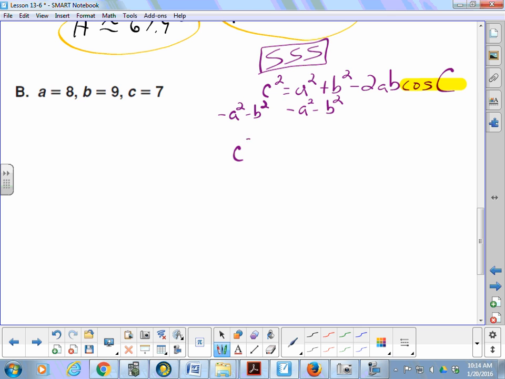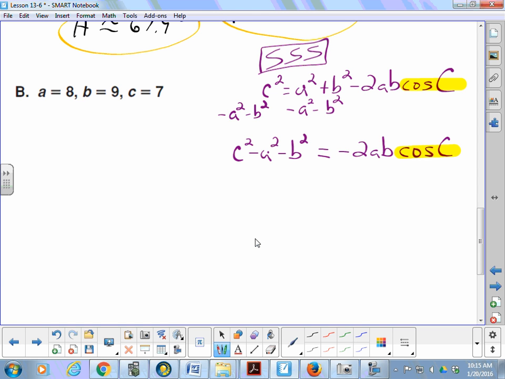So we get c squared minus a squared minus b squared equals negative 2ab cosine of C. All right. So we're still trying to get that by itself. We want to get rid of the rest of this.